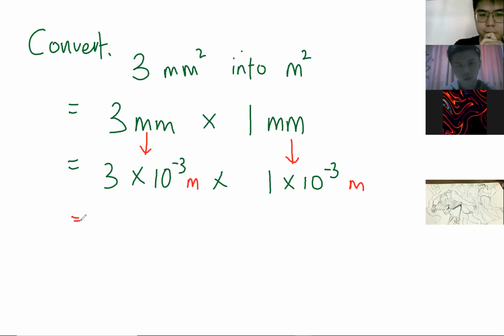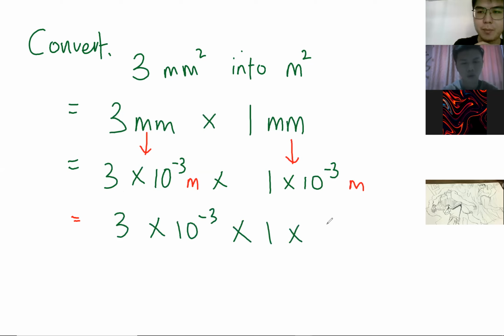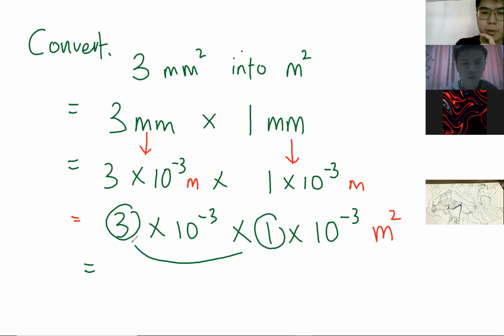Now simplify it. I can write it like this: 3 times 10 power of negative 3 times 1 times 10 power of negative 3, and it becomes meter square. Now 3, this one times this one, because we arrange factor and factor, number and number.